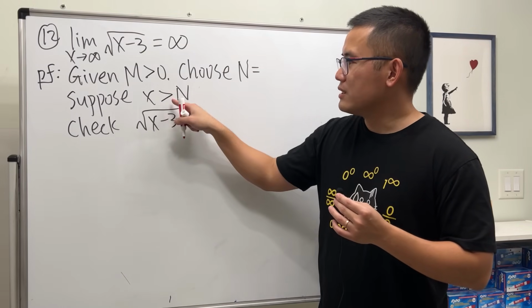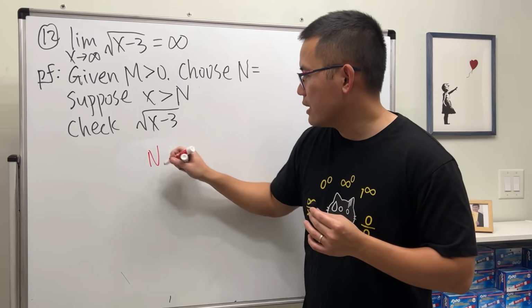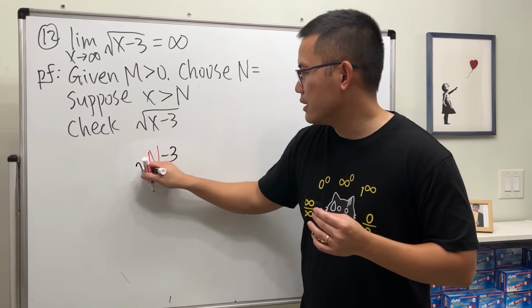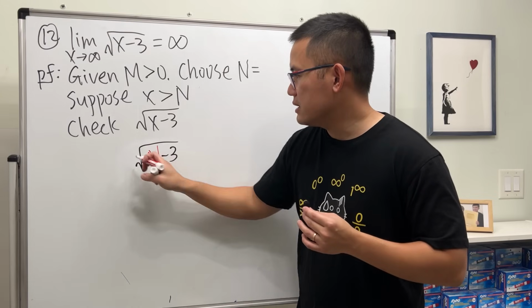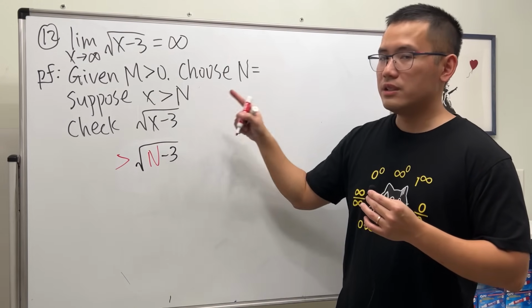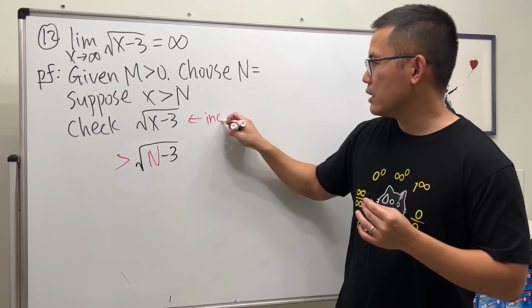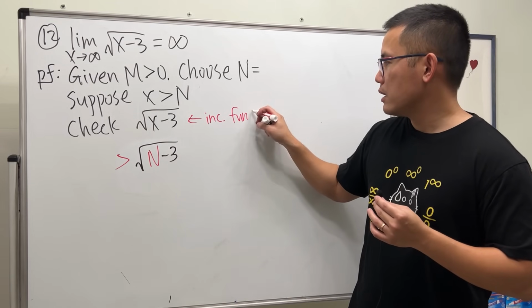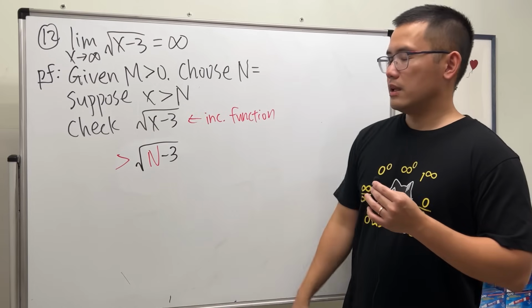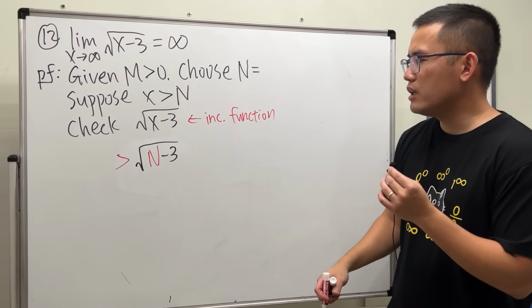So if x is greater than N, we can really just replace the x with N, and then the minus 3, take the square root. We know this is greater than that. This square root function is increasing. Right, so this is an increasing function. You can do more calculus in that regard, but I think this is pretty clear.